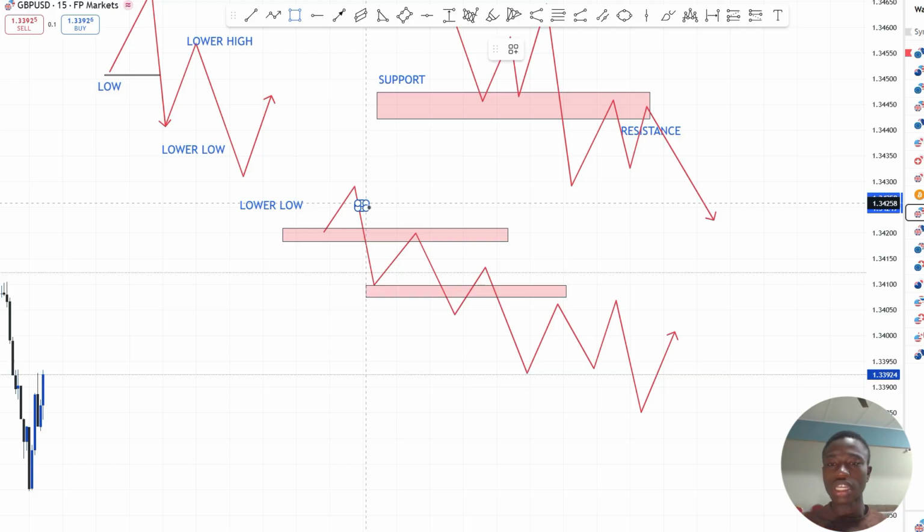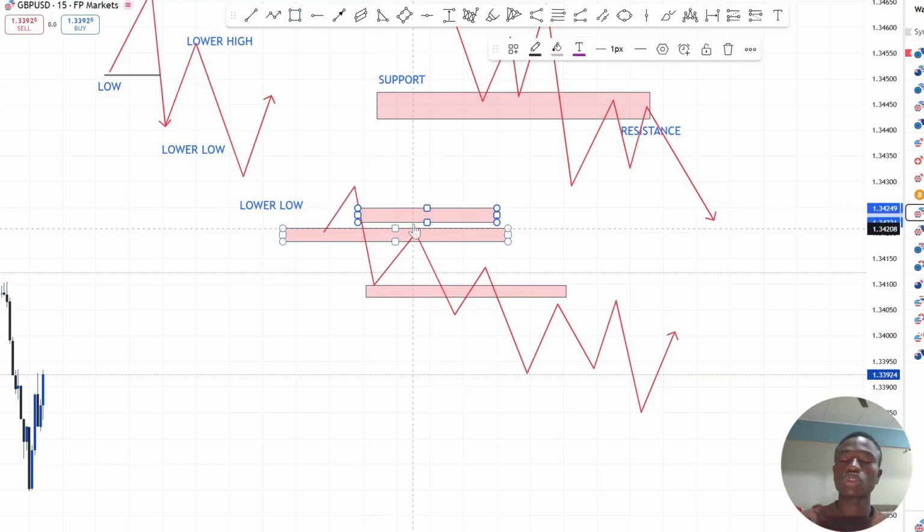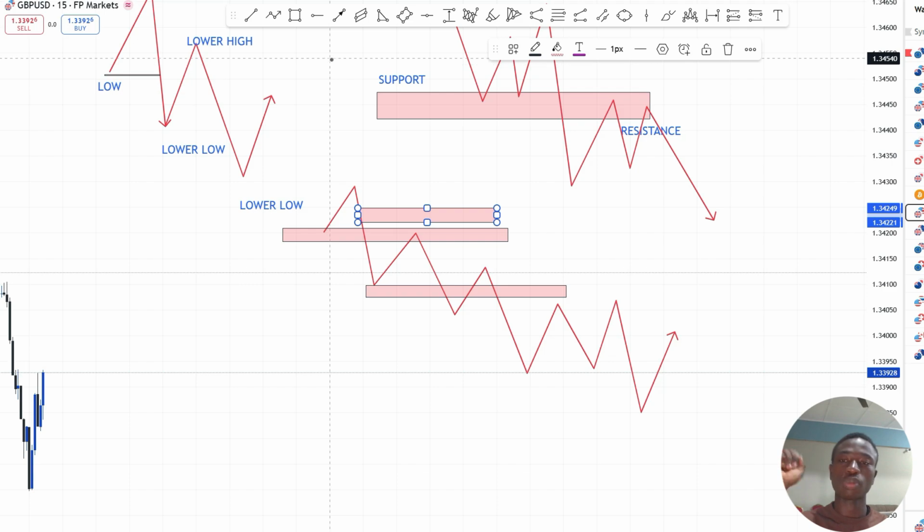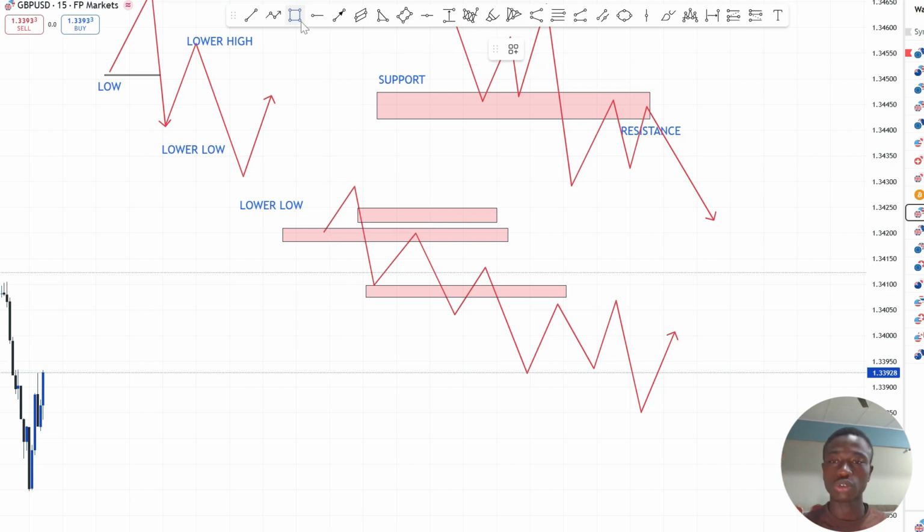In assumption, anytime you get support levels this way, you are always going to have supply levels above the resistance level. Sorry, I keep saying support. Anytime I'm saying support, take it to be a resistance at this point that we've gotten to. So above the resistance level, you're always going to have demand levels.